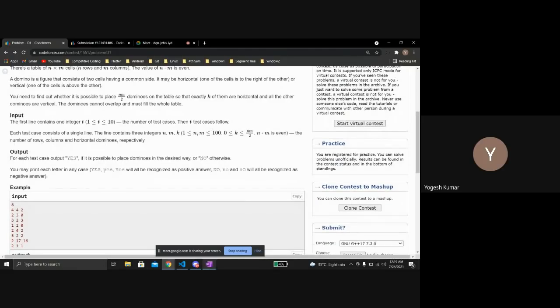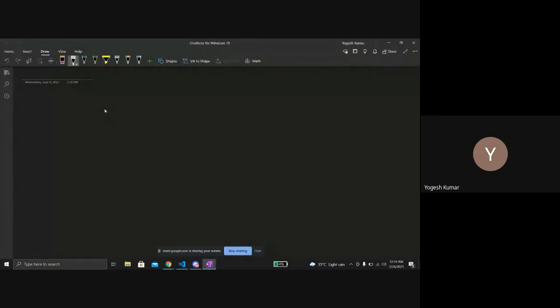So how I approached it is that, I took cases. Firstly, I took a case that both n and m are even. Okay, both n and m are even, because at least one of them would be even in every case.